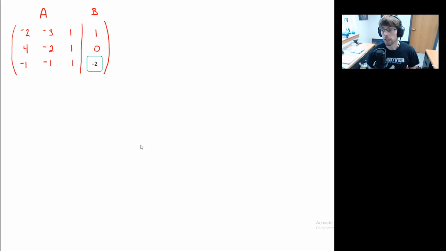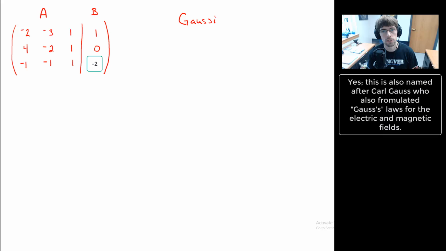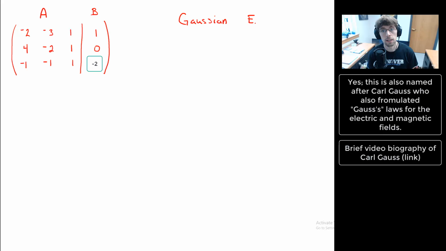Now that we have our row operations, we are going to perform something called Gaussian elimination. What this means is that we are going to perform row operations to do a couple of things.